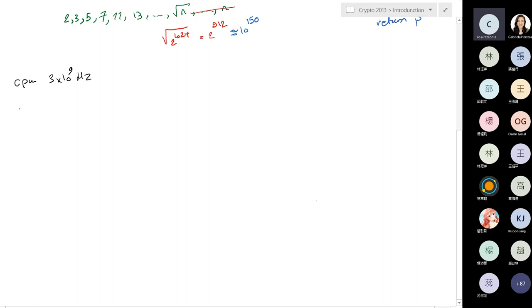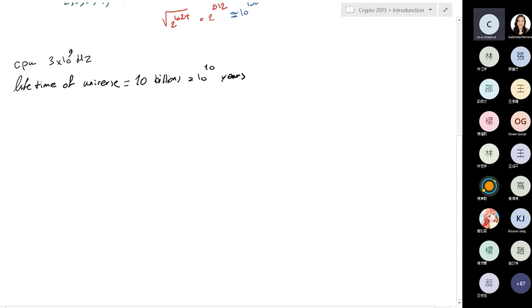Let's see some numbers. The lifetime of the universe is 10 billion years, right? Which is 10 to the power 10 years. Okay. And then in every year, let's see how much computation we could do.